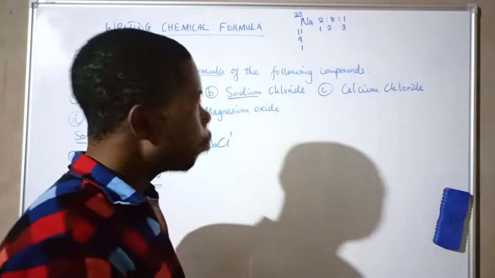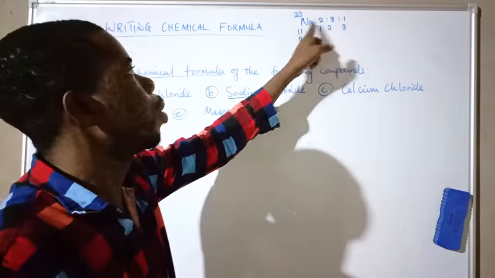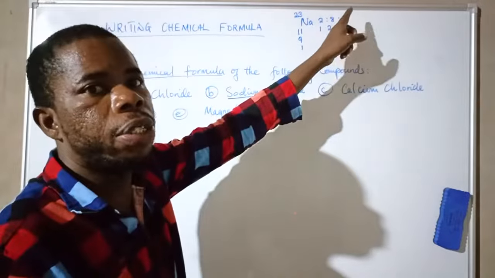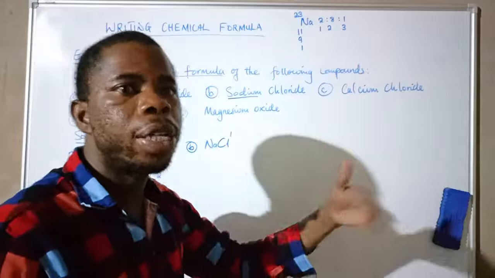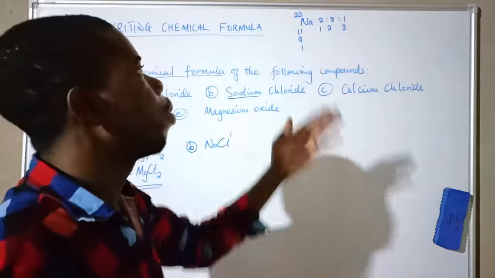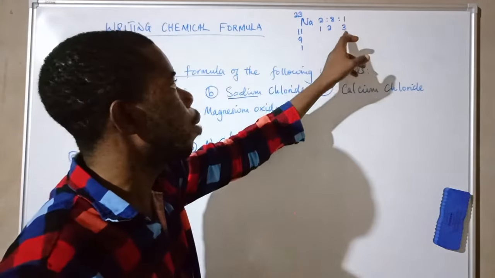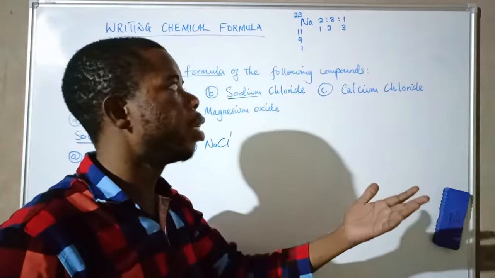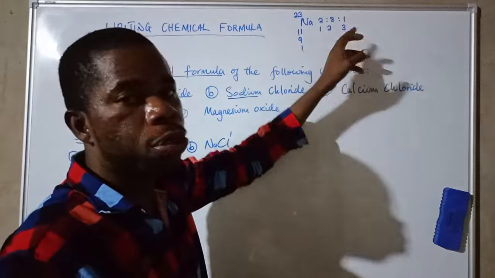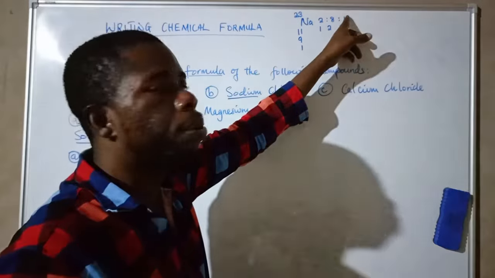Now, this sodium atom is not stable because it has 1 electron in the last shell. The last shell should have the required number of electrons for the atom to be stable. The required number of electrons in this last shell, shell number 3 here, was supposed to be 8 or 18. Now, because it is not that 8 or 18, this shell is not stable.